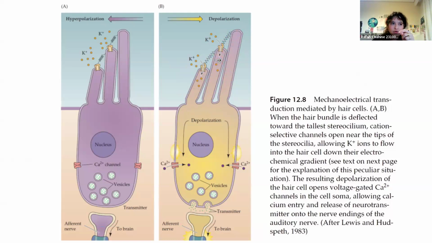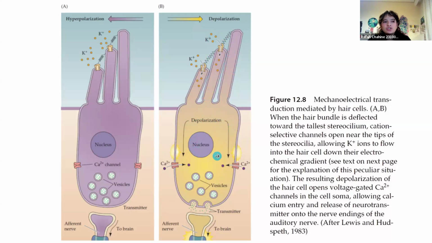Tip links are simultaneously connected to potassium channels. And obviously, we know if we put a bunch of potassium in a cell, what's going to happen? It's going to depolarize, right? So when we move the hair cells towards the kinocilia, that will cause the tip links to open, and that will cause potassium channels to cause a potassium influx, which will begin the depolarization inside the cell.